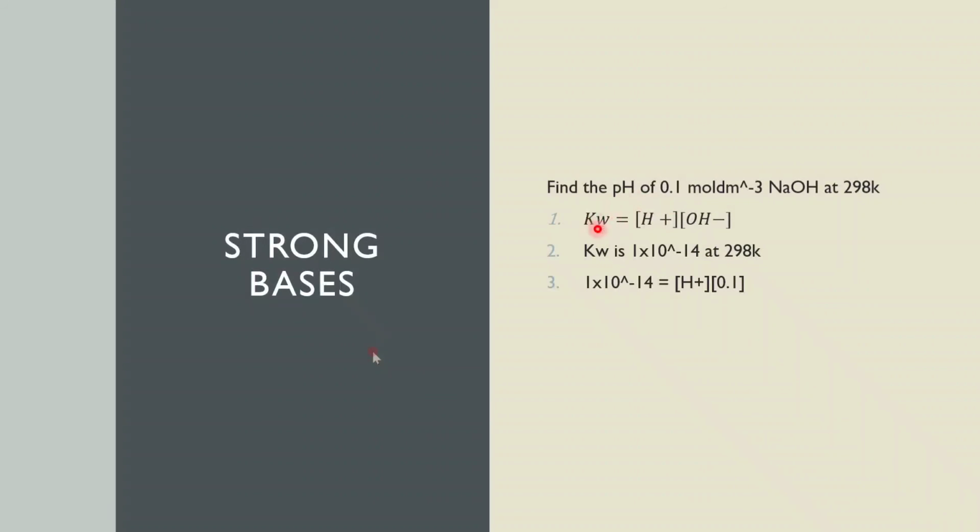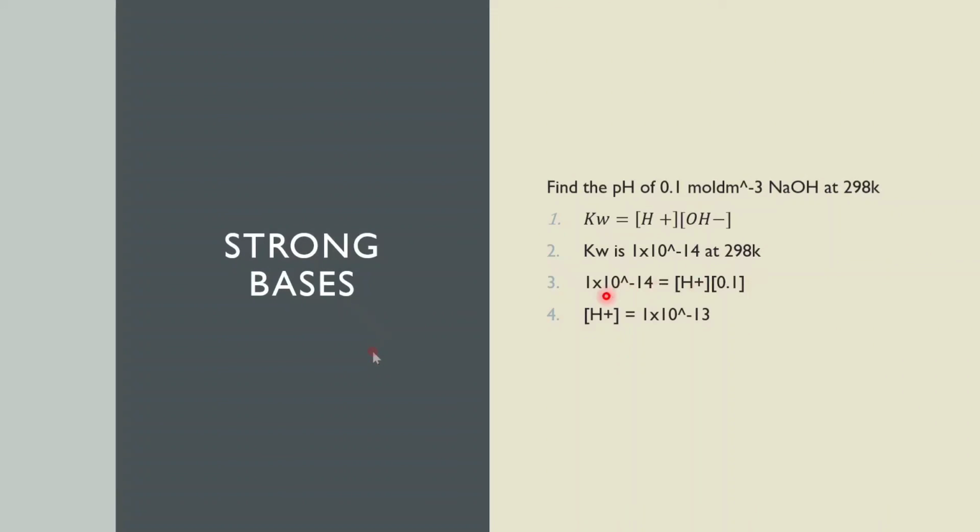So we can sub this value into our equation: Kw is 1 times 10 to the minus 14, equal to our H plus concentration, which we want to find, multiplied by our new OH minus concentration, which in the question has been given as 0.1, as this is equal to our OH minus concentration because our sodium hydroxide fully ionizes.